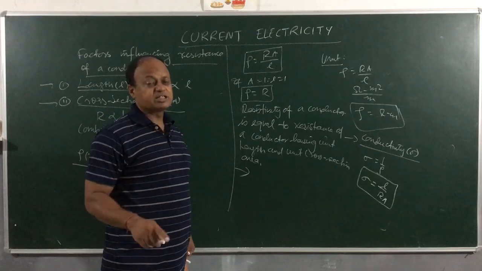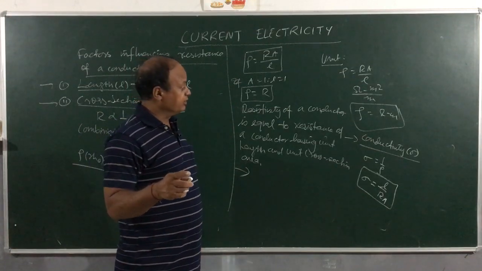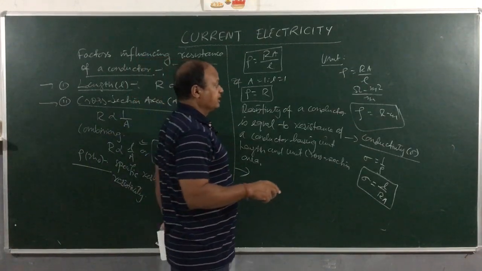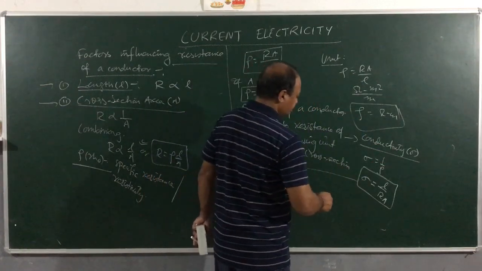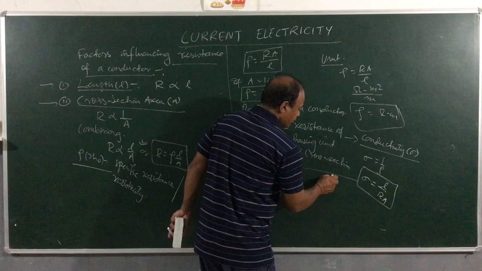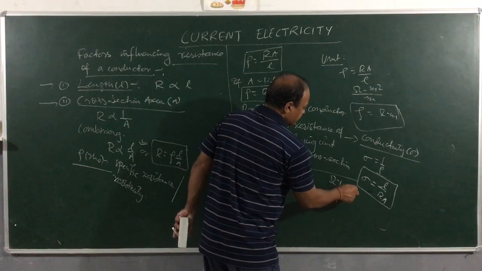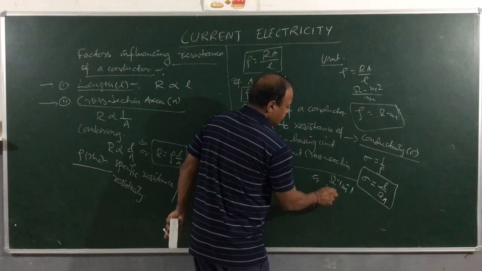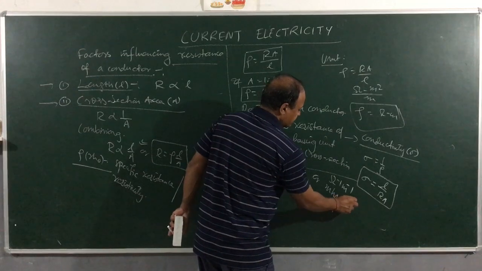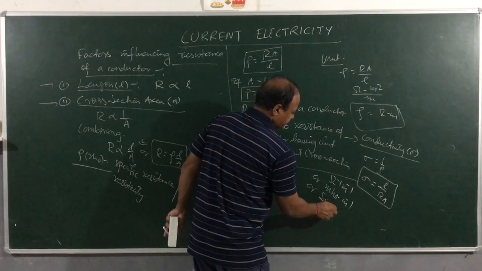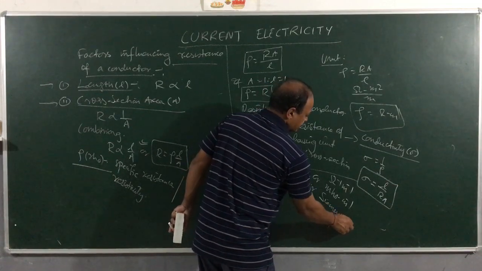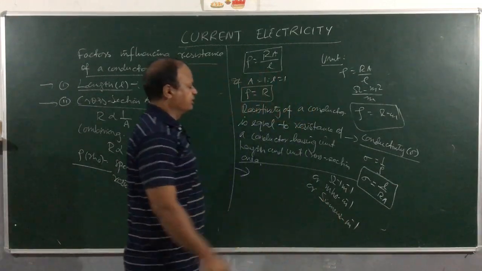Unit of conductivity will be per ohm per meter, or mho per meter, or Siemens per meter.